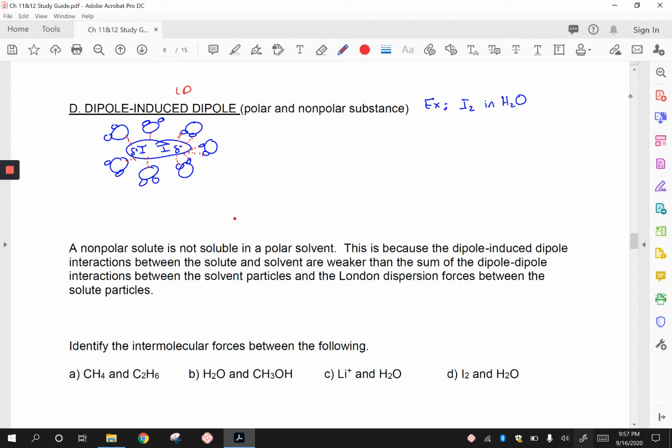They are weaker than the sum of the dipole-dipole interactions between the solvent particles and the London dispersion forces between the solute particles. The water particles are so attracted to each other, they're not going to want to separate to surround the iodine. That's mainly why it doesn't dissolve, because these attractions are way stronger than the attraction between the solute and the solvent. So very, very little of the iodine will dissolve in the water.